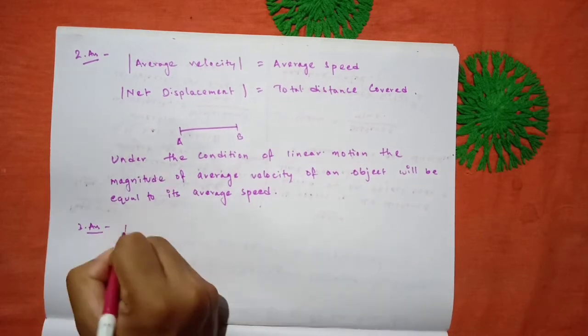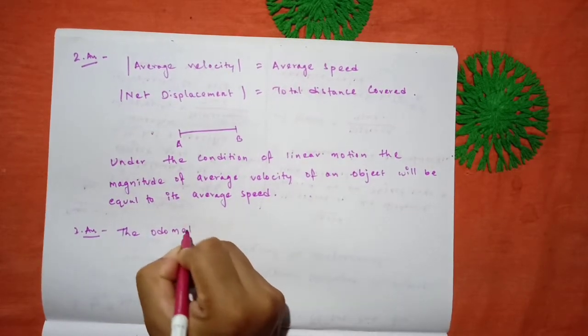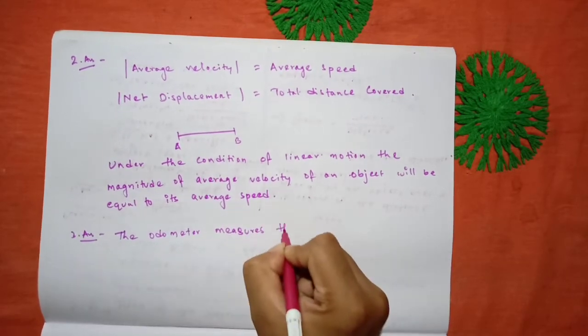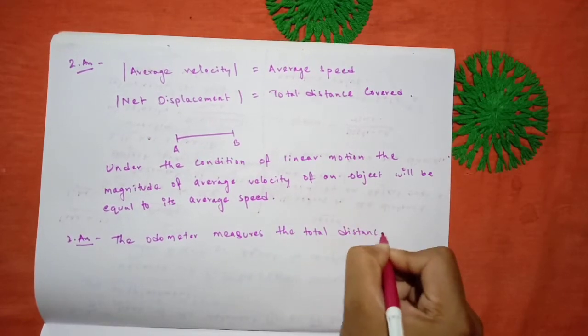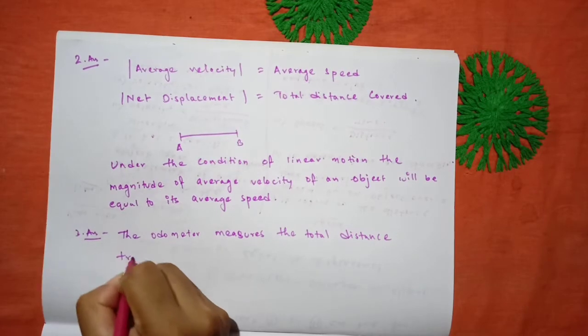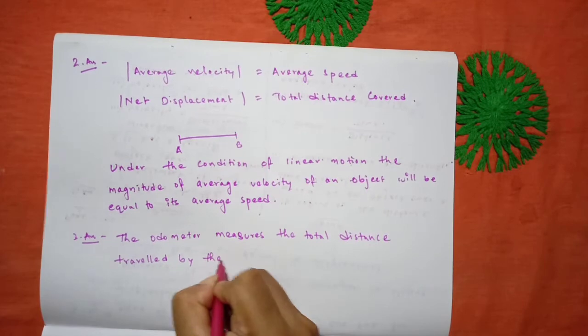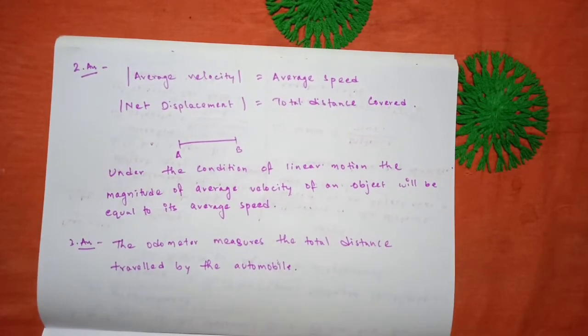So the answer will be the odometer measures the total distance traveled by the automobile. Okay, the odometer measures the total distance traveled by the automobile.